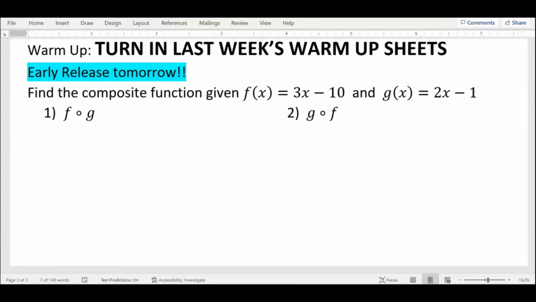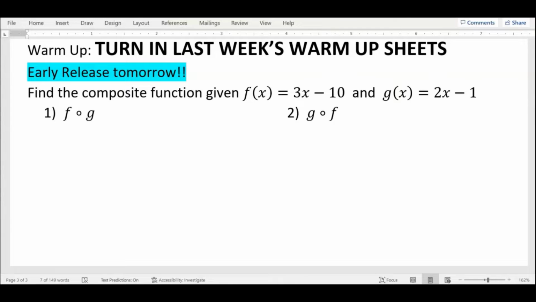F o G means F of G, okay? And then backwards, G of F is number 2. All that means is F of G of X for number 1, and then G of F of X for number 2, which is all a fancy way of saying you put one function into another function.